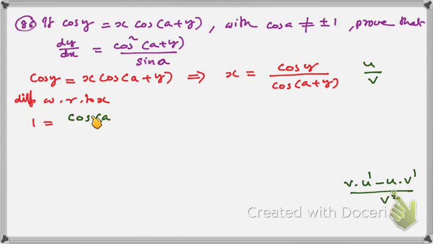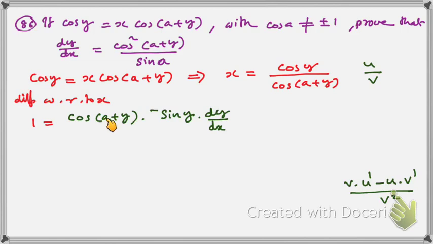So I'm going to start with the denominator: cos of a plus y into derivative of the numerator u dash. What's the derivative of cos y? Derivative of cos y is minus sin y into dy by dx, because anything in y when I differentiate is followed by dy by dx.